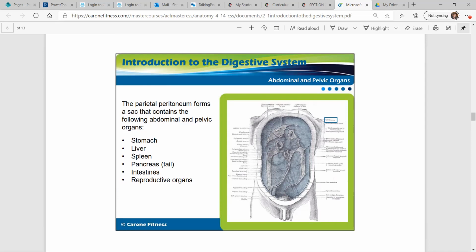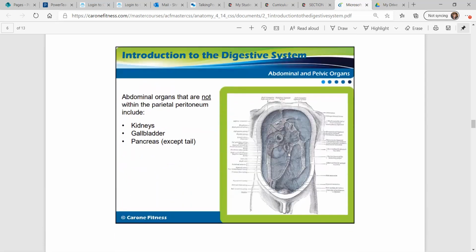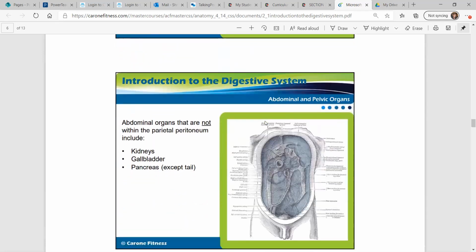You can see that here. Abdominal organs that are not within the parietal peritoneum include the kidneys, the gallbladder, and the pancreas besides the tail. So the tail is, but the rest of it is not.